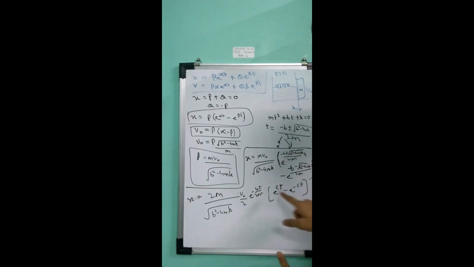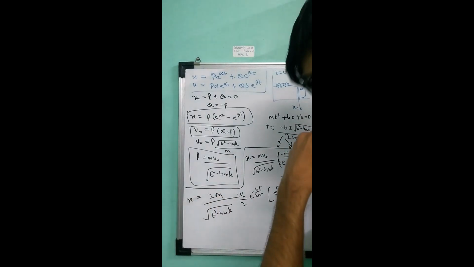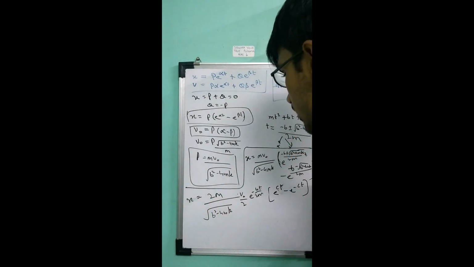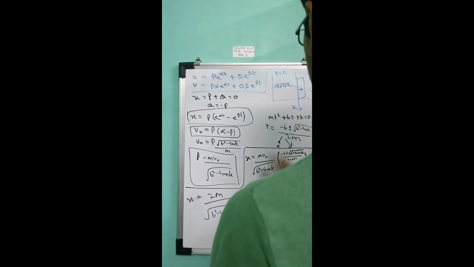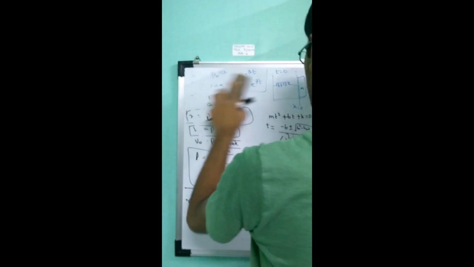C will be real because the discriminant is greater than or equal to 0. Now things get a bit tougher here.